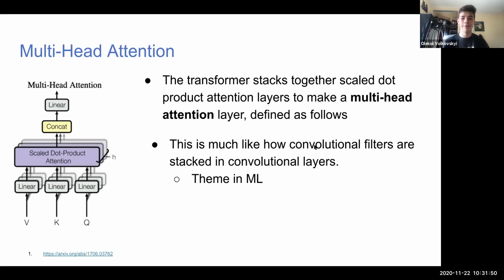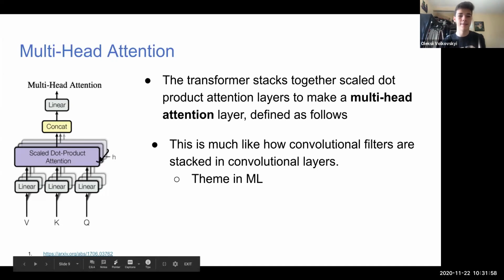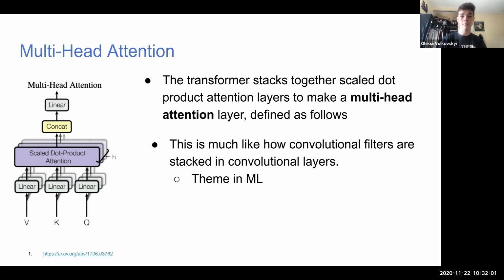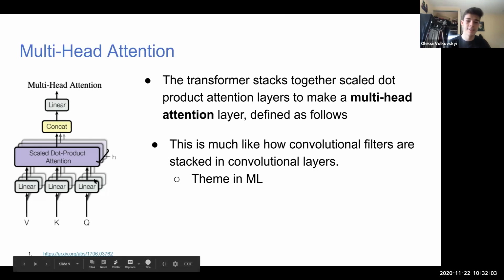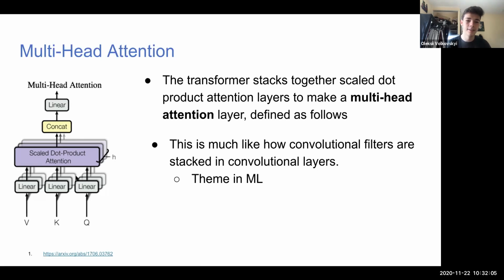As you saw from convolutional, there's height, width, and the number of channels, and it's very similar in this way, where you have some h number of channels, and every channel has a different linear layer and different dot product attention weights.